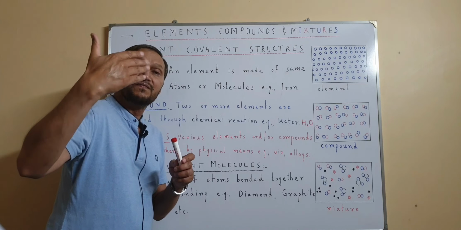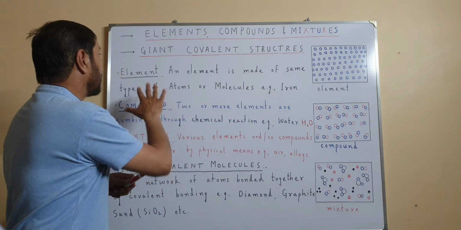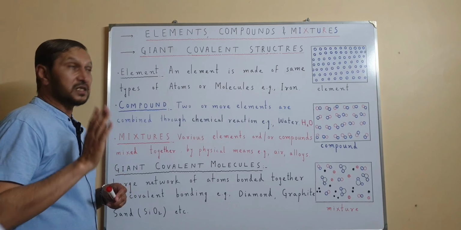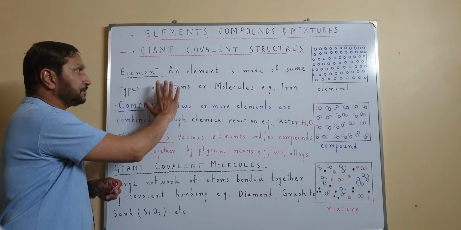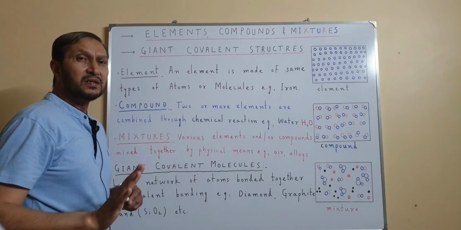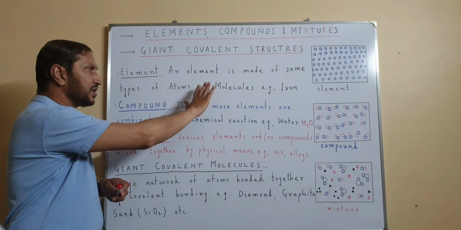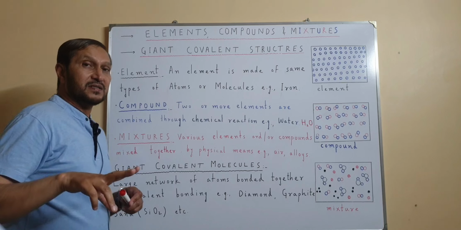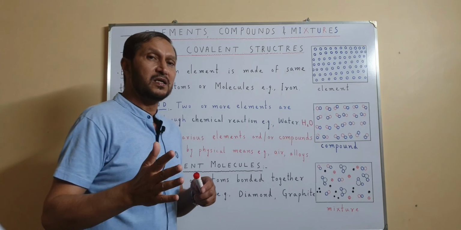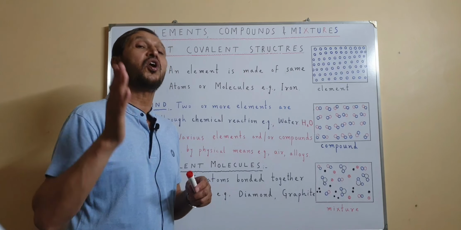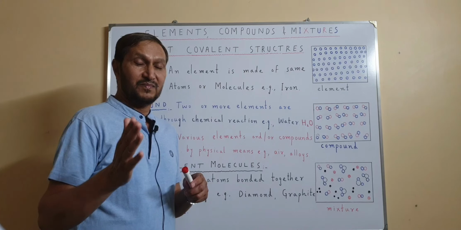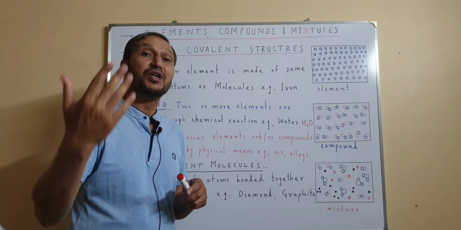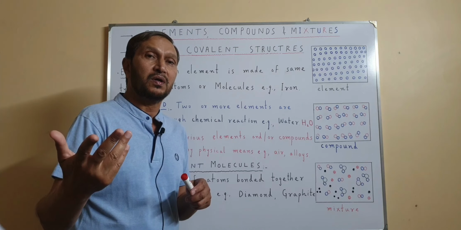Now let me tell you the difference among the elements, compound and mixture. One thing keep in mind that element, as I told you initially, is made up of same type of atoms, but when two elements are combined through a chemical reaction to form a compound, then their chemical properties totally change in a compound.